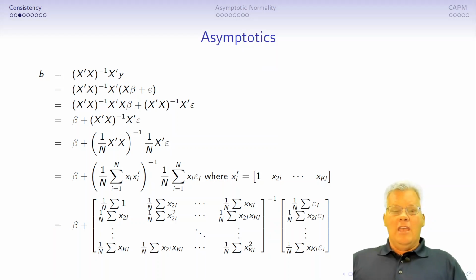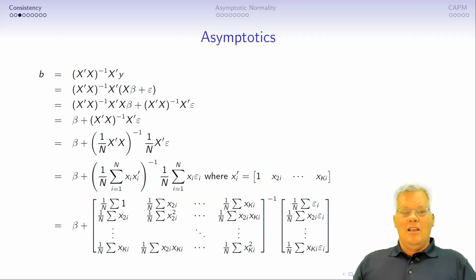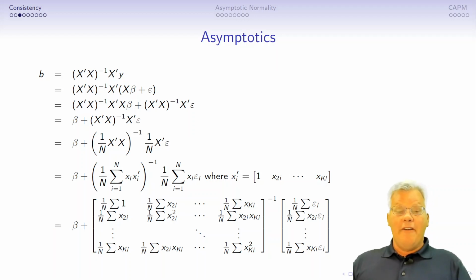Now, if I multiply out these terms in Verbeek's hybrid notation, this is what I now receive. So the elements of x transpose x, or x prime x, are given by the matrix on the left.